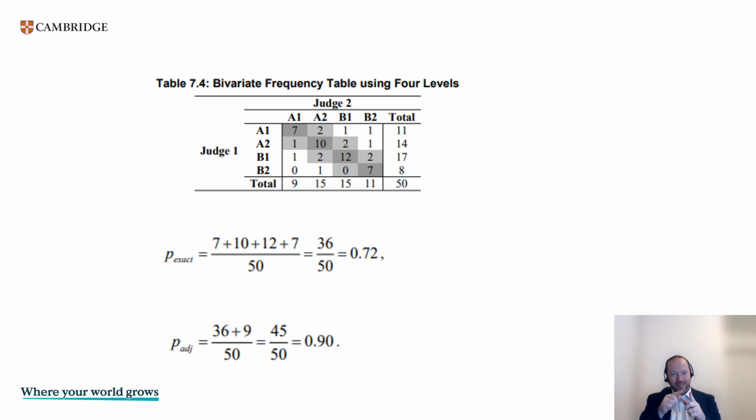So 7 is the exact score, 2 is the one which is adjacent. So you take the 2, and then the next 2, and the next 2, so that's 6. And then below the exact, you've got 1, 2, and 0. So you've got 6, 7, 8, 9. So 36 plus 9, and then divide it by the total, which is 50 items in total. And then you get the 0.90.